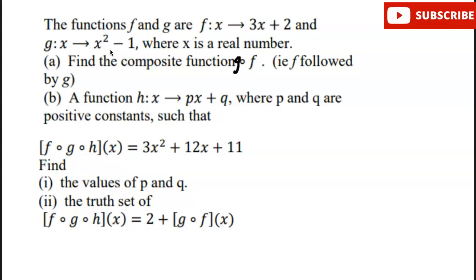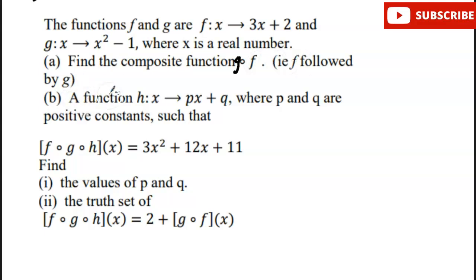The functions f and g are such that f maps x to 3x plus 2 and g maps x to x squared minus 1, where x is a real number. A, find the composite function g of f, that is f followed by g.